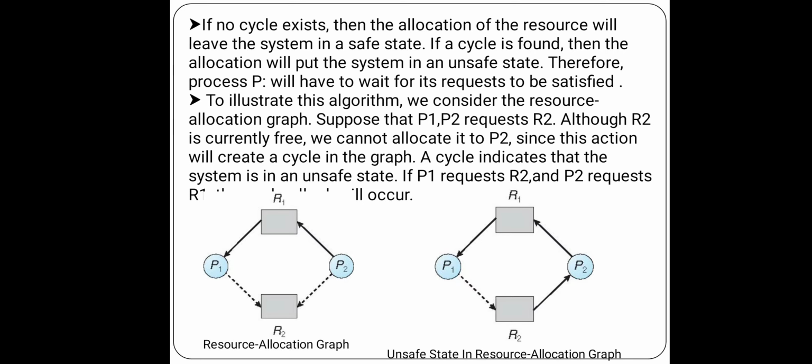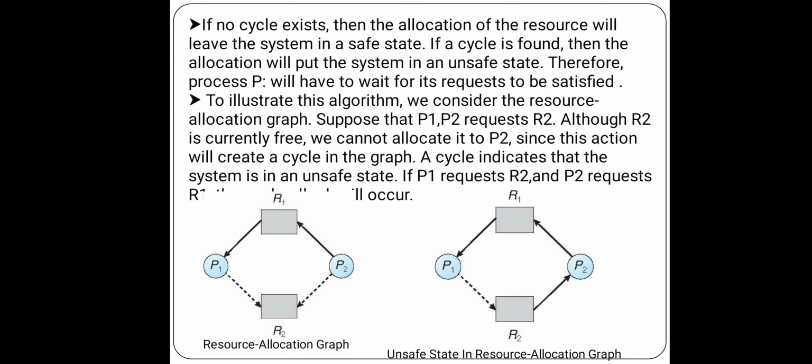See the second diagram, the unsafe state in the resource allocation graph. How does it form a cycle? R2 to P2, P2 to R1, R1 to P1, P1 to R2. So it forms a cycle. So we cannot allocate R2 to P2, but we can allocate it to P1. By assigning the resources like that, we can avoid the deadlock.